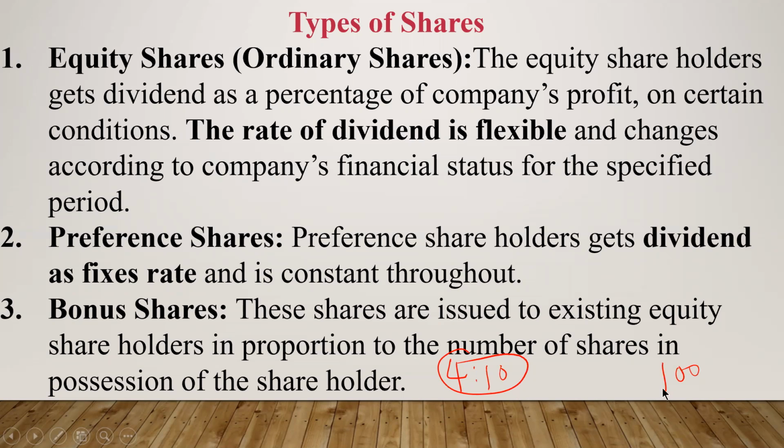So on 100, how many will he get? 40 shares. And these are free of cost. So now his total shares will become 100 plus 40, that is 140. So these are the 3 types of shares which we have seen here.